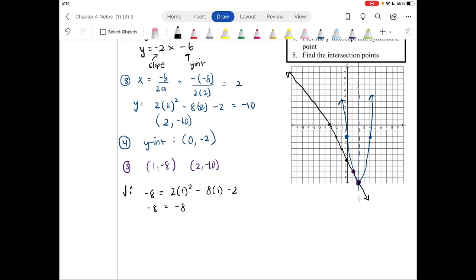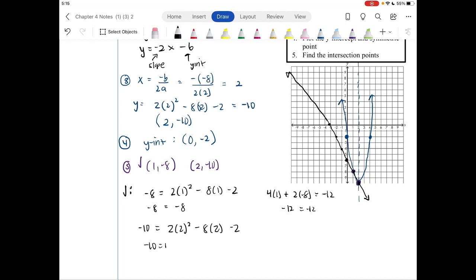We need to plug it into the linear equation as well, which would be 4 times 1 plus 2 times negative 8. Does that equal negative 12? And it does. So we know for sure that the point (1, negative 8) does check out. We can repeat the same thing with the point (2, negative 10), but this time it will be, does negative 10 equal 2 times 2 squared minus 8 times 2 minus 2?